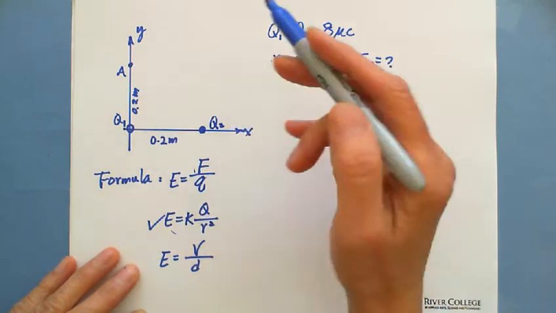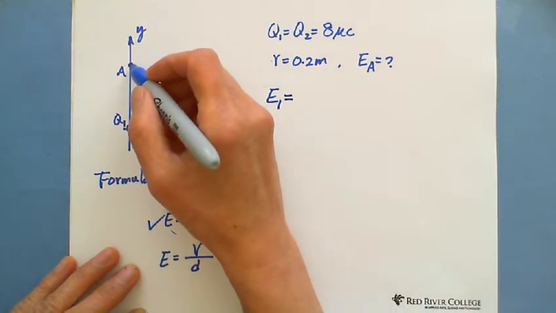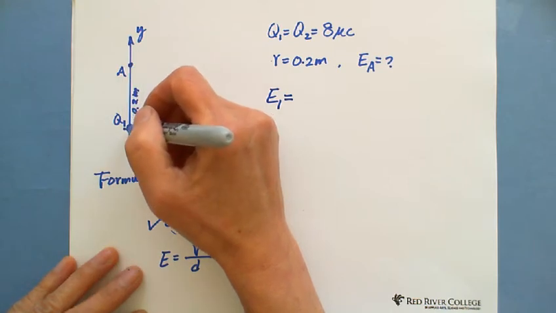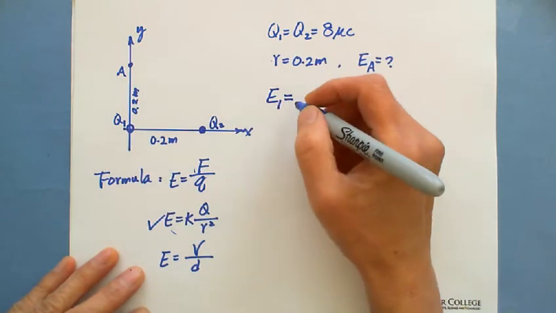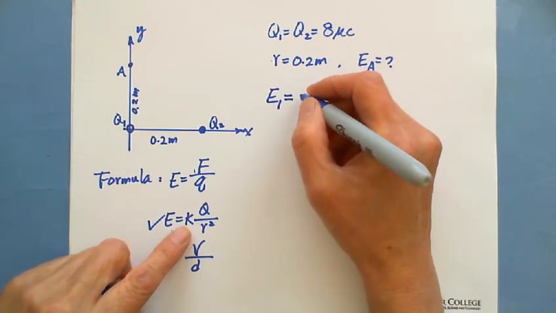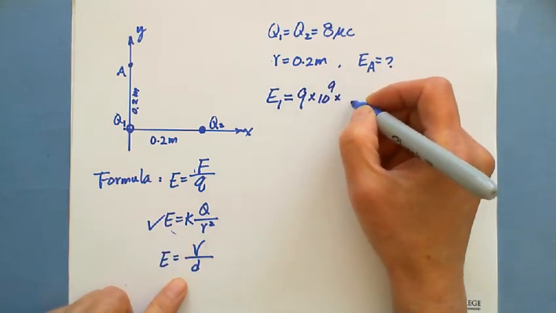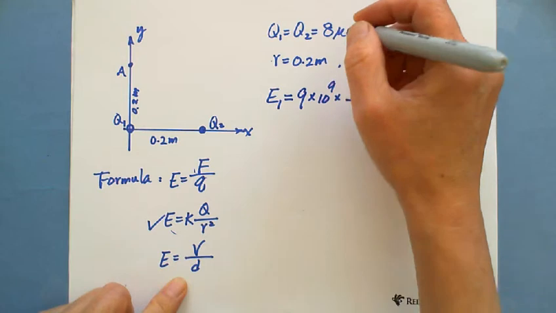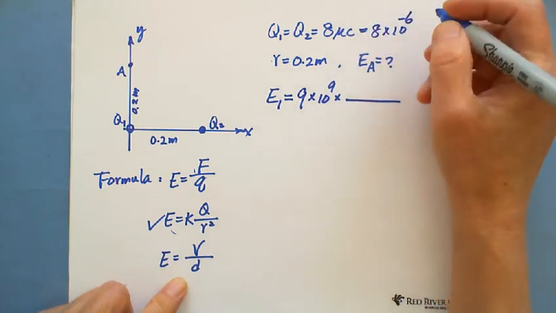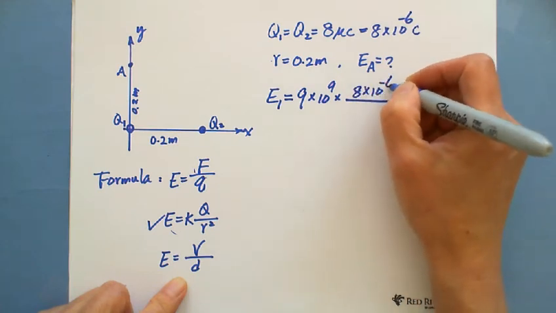First, we're looking for E1. E1 is the electric field strength contributed by Q1. So E1 equals k Q over r squared, using this formula. For k we apply 9 times 10 to the 9, multiplied by Q, which is 8 microcoulomb, that is 8 times 10 to the negative 6 coulomb.